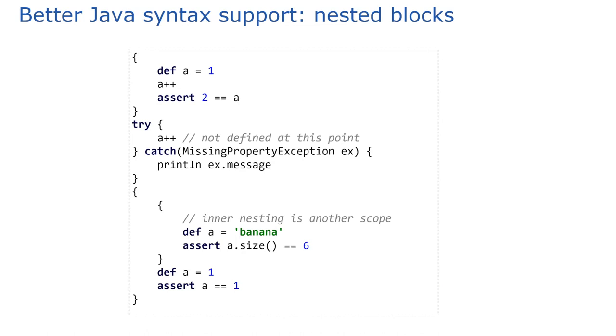I can just have a new nested block, and that'll let you redeclare variables and things like that with a new scope. So if I've got a variable A in some sort of outer scope, create a new curly block, I can have a different A inside that curly block, and it'll cease to exist once the block is finished. So again, not used very often, but it's supported in Java, so now we support it as well.